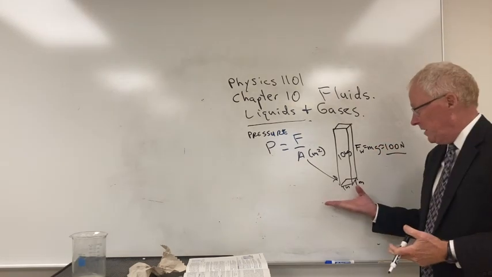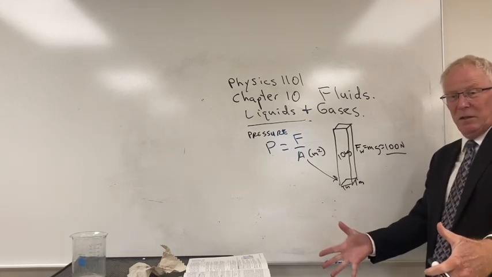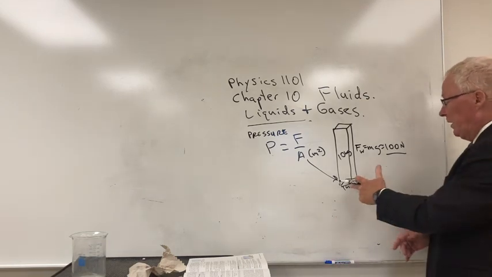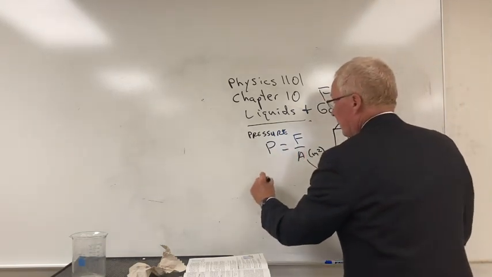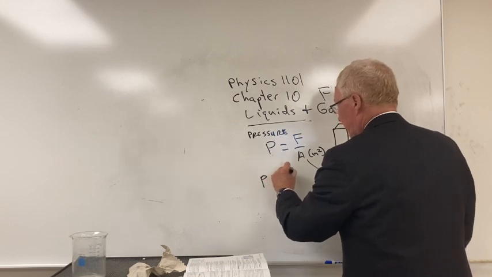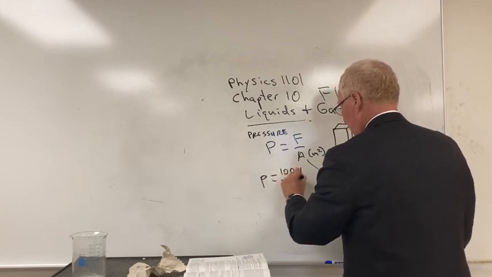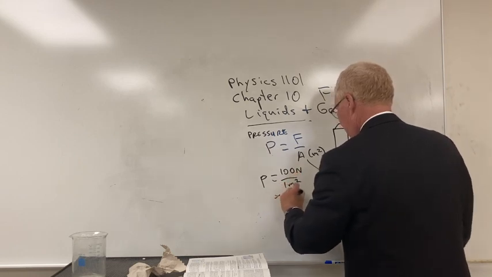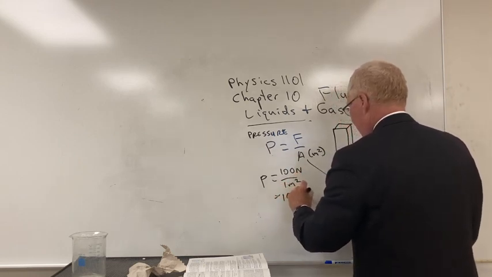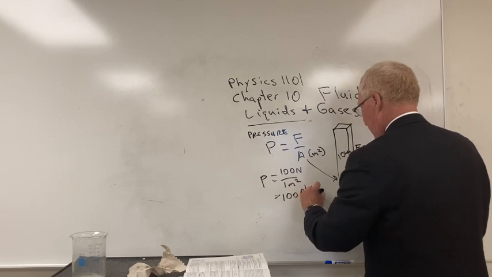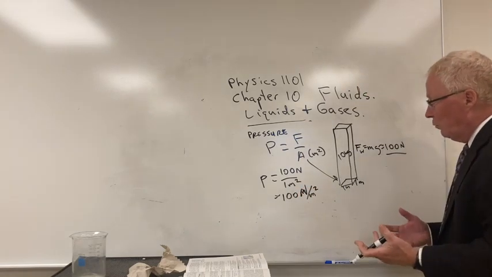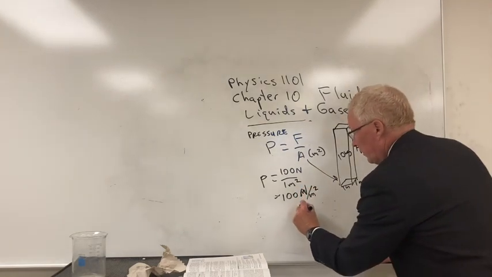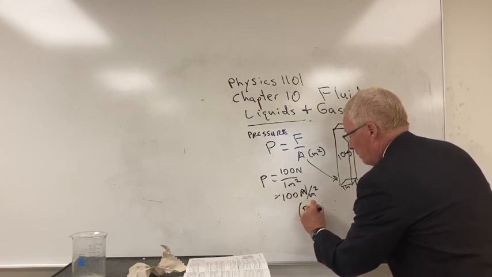So if we have a 10 kilogram weight spread over 1 meter squared, it will exert a pressure of 100 newtons over 1 meter squared, which is 100 newtons per meter squared, which is also given the unit Pascal.